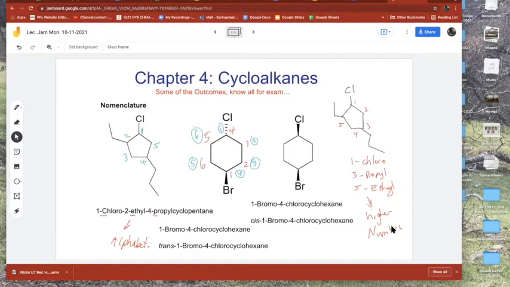Okay, and then you'll see that they're both 1-bromo-4-chlorocyclohexanes, but they're different molecules, huh? This one is called trans, and this one is called cis. So trans means they're on the opposite sides of the ring, and cis means they're on the same side of the ring. Type that one in.